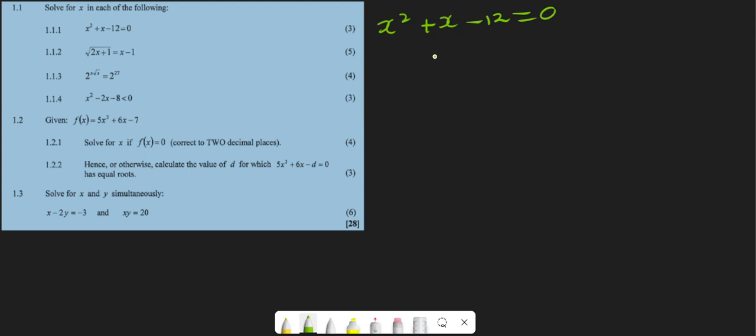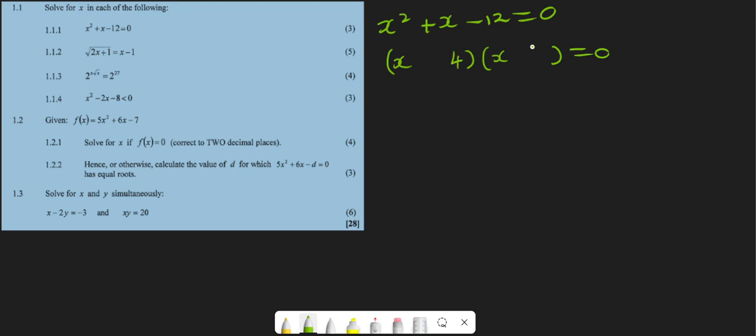It is up to us if we want to use the quadratic formula and solve for x, or find the factors and solve for x, or solve for x by completing the square. So we are just going to find the factors of this equation. The factors for x squared are x and x, and the factors for negative 12 are those that give us negative 12 if we multiply them, and give us a sum of 1 if we add them.